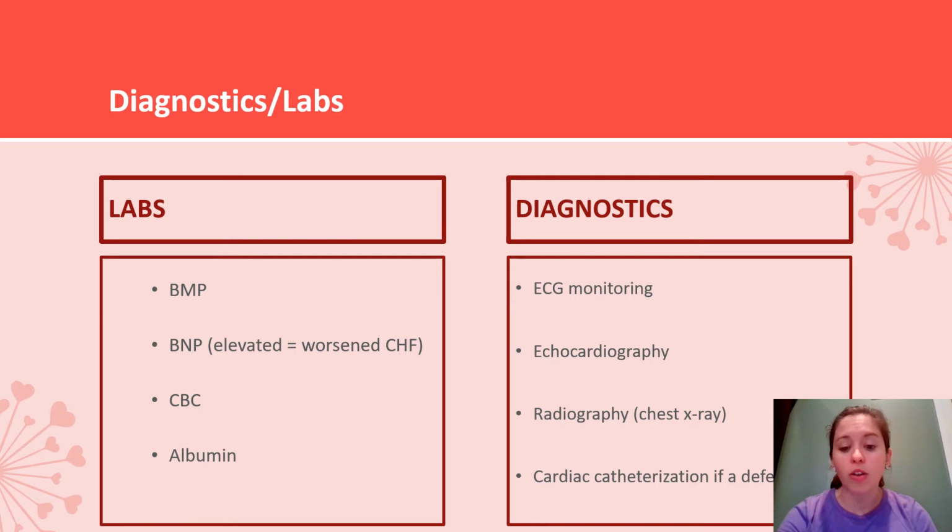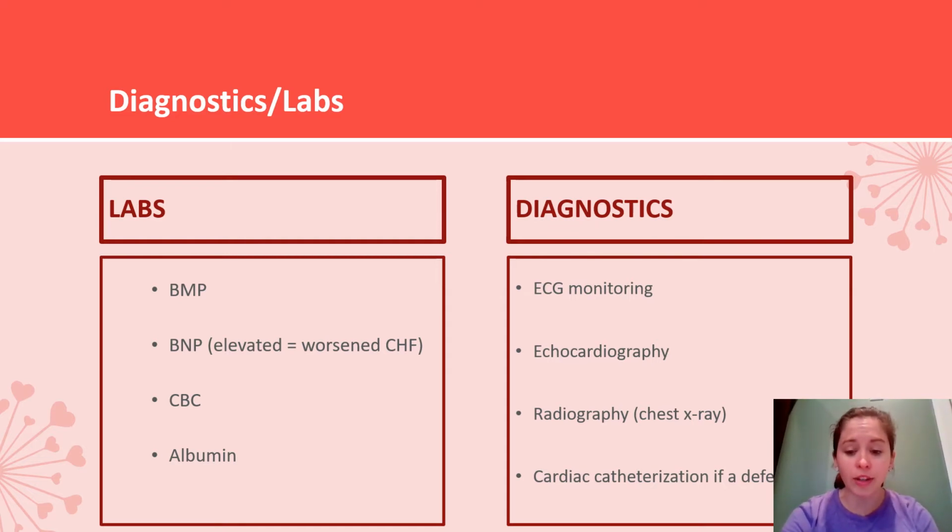We also might do an echocardiogram, and that's the ultrasound of the heart, and that's going to be a really good diagnostic for us for these anatomic defect patients, because we're able to see the structures of the heart and how blood is flowing through the heart. We also might do a chest x-ray if we're looking at the size of the heart to make sure we don't have things like cardiomegaly, and to make sure that we don't have fluid on the lungs.